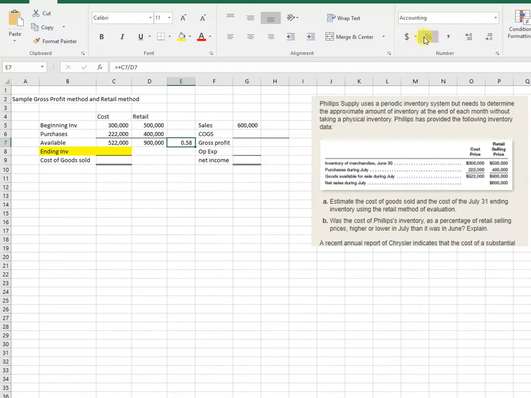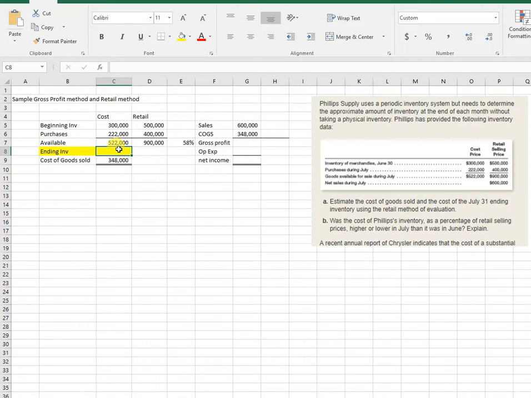So I'll change that to a percent. Okay, so I know the cost of everything is 58% of the selling price. So now I can go down here and I know that that times 58% is the cost of the items that are sold. So this will be the same 348,000 there, but I'm really just wanting to go to this ending inventory, the highlighted one.